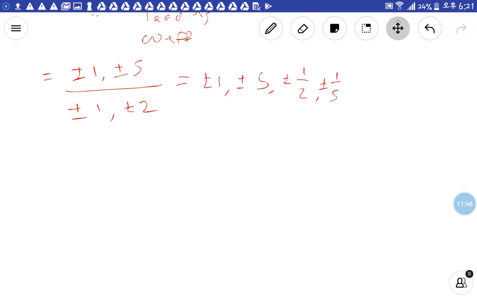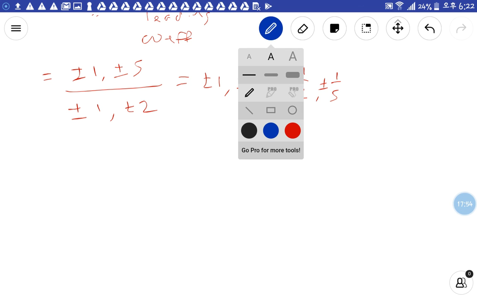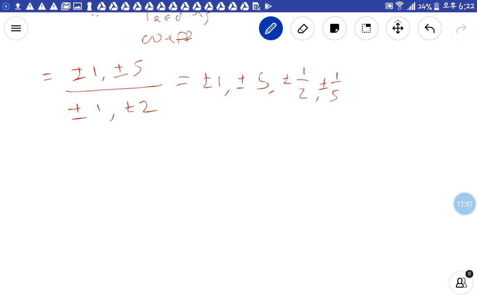So we just choose any number you like and then plug in. Okay, so I may start with 1. Plug 1 into my p of x, which is 2x cubed minus x squared plus 2x plus 5.